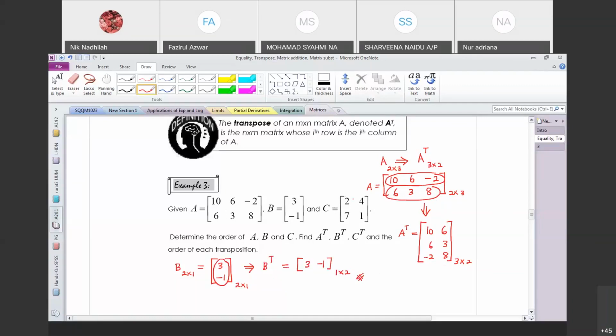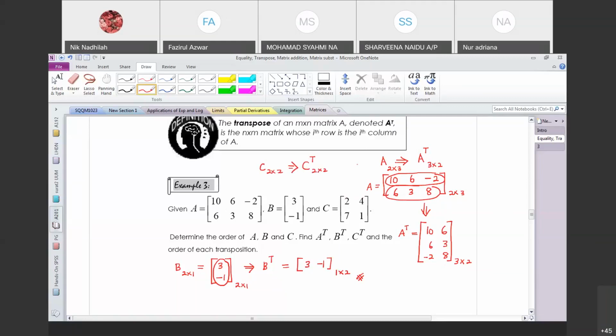Since C is a square matrix, C is 2 by 2, when you transpose it, it will still be 2 by 2, but the order of the elements will change.